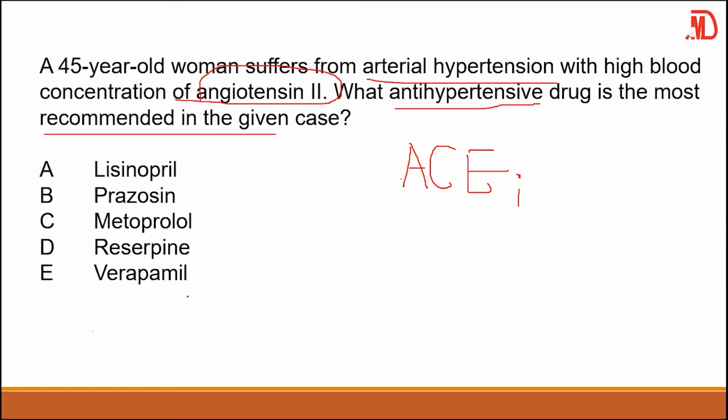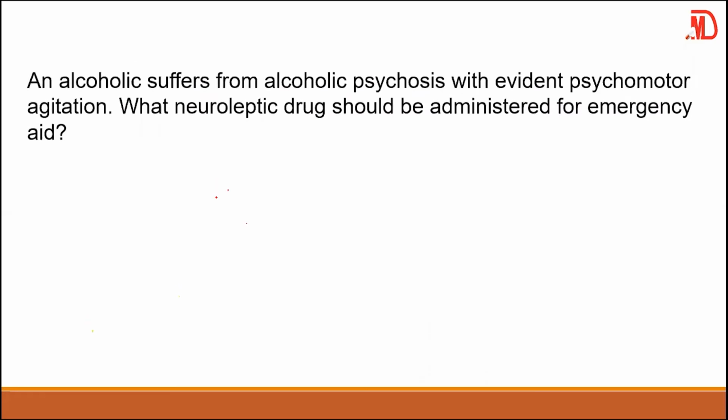If you look at the options, which is your ACE inhibitor? They always end in pril. Lisinopril. So your answer here is A. Sometimes they'll say captopril. They are all in the same group. So your answer is A, ACE inhibitor.